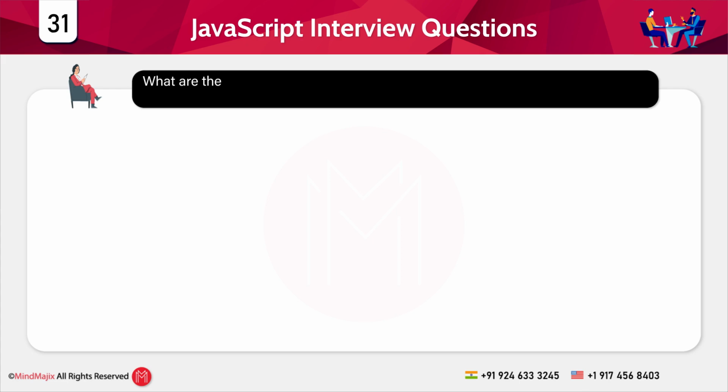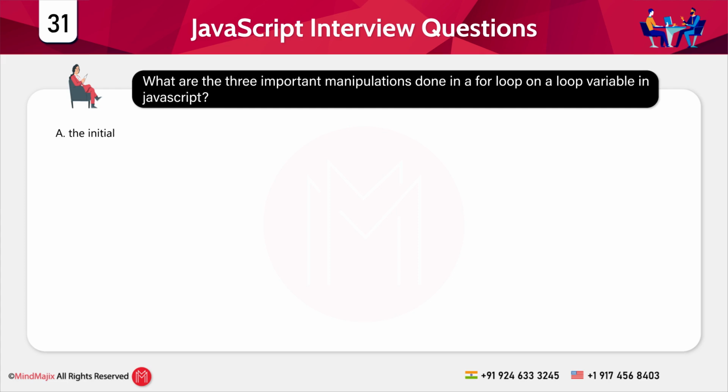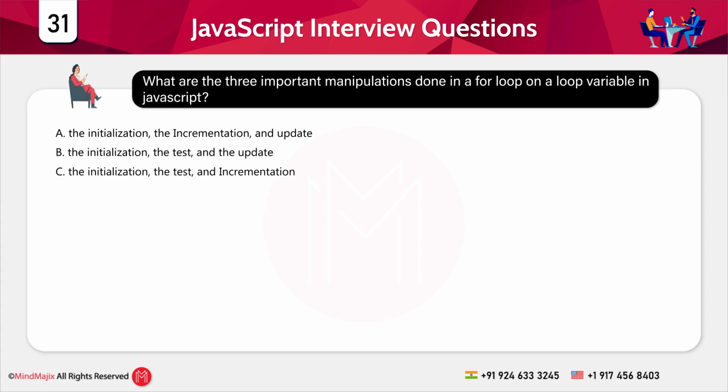What are the three important manipulations done in the for loop on a loop variable in JavaScript? A, initialization, implementations, update. B, initialization, test, update. C, initialization, test, implementations. D, all of the above. So the answer is B, initialization, test, and update.